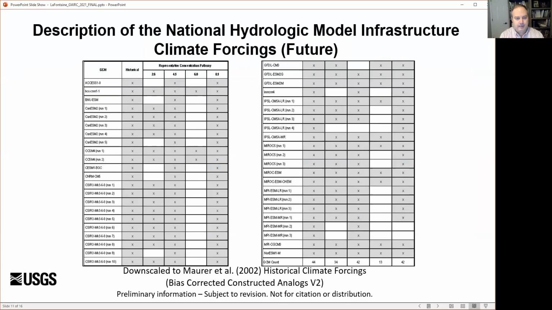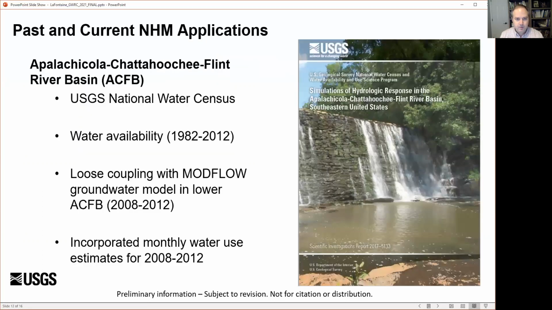Some downscaled GCMs have also been processed so that we could look at potential changes or effects on hydrologic response given climate change scenarios. These are out of CMIP5, the Coupled Model Intercomparison Project version 5. There are several models here with varying coverage of the RCPs, the representative concentration pathways.